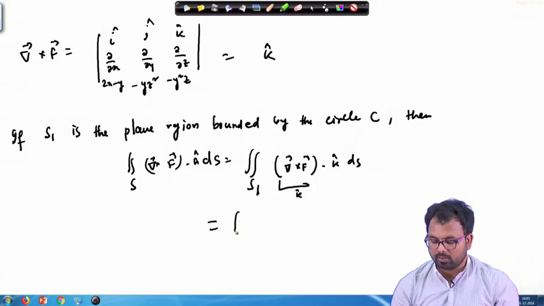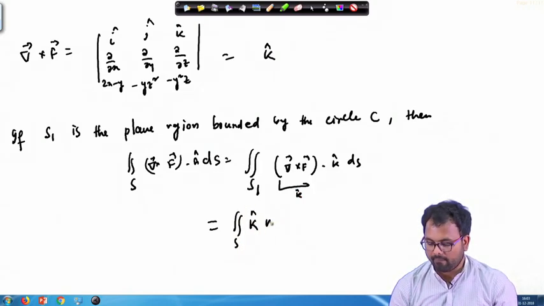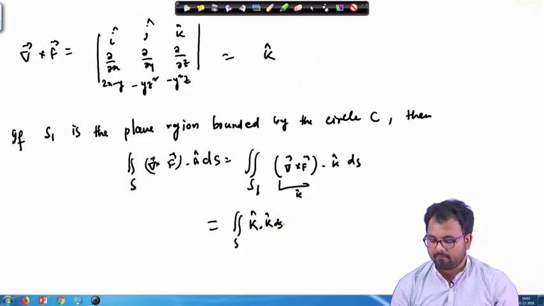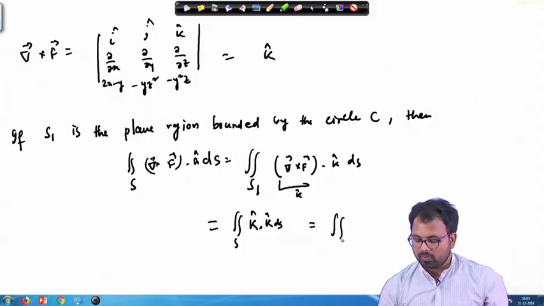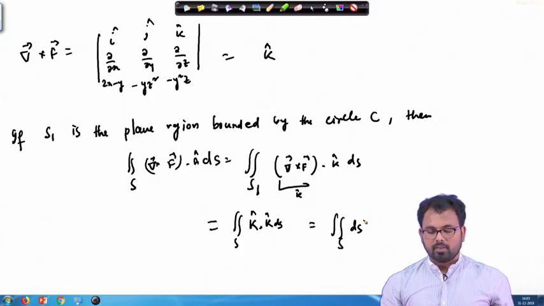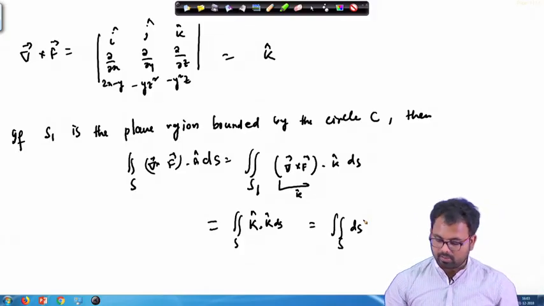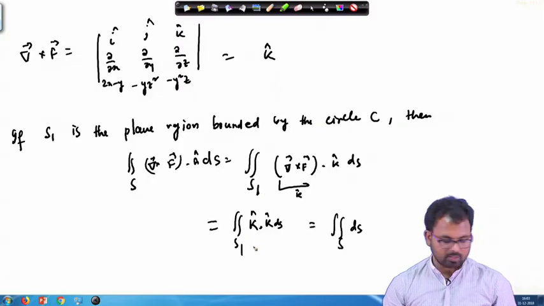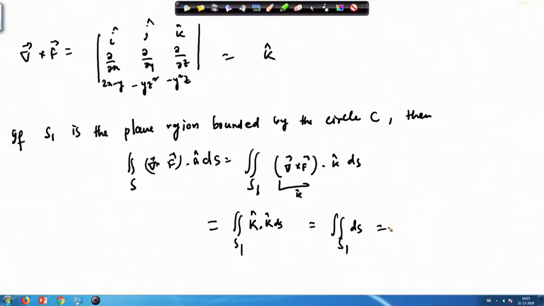So, k dot k ds, therefore k dot k is 1, and since k is the unit vector, we can write k dot k as 1. So, this is basically the surface integral over S1 of ds, which is pi r square, and r is 1. So, then we have basically pi.